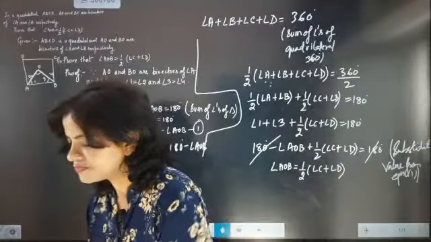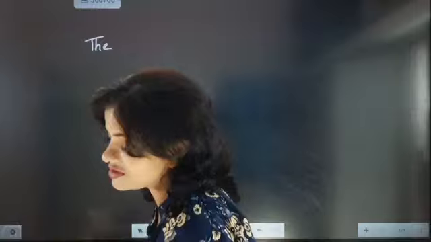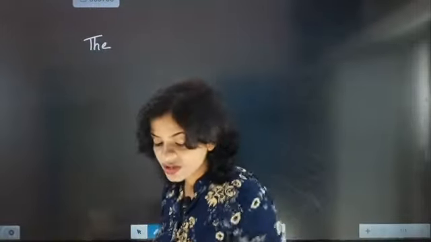So next question. Super. Now the next question is on the angles of a quadrilateral. Let's see who can give this answer, because this is really a time pass question.